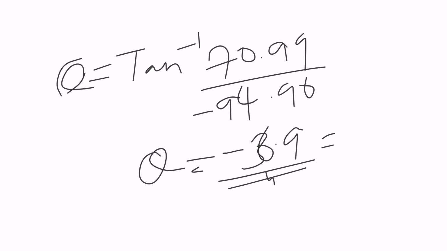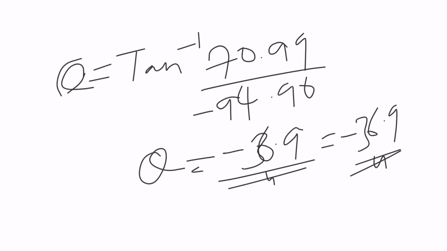Now here the answer gives us negative 36.9. So are we going to take the negative? What does that mean? It means the angle is below the x-axis. So where does theta become negative?